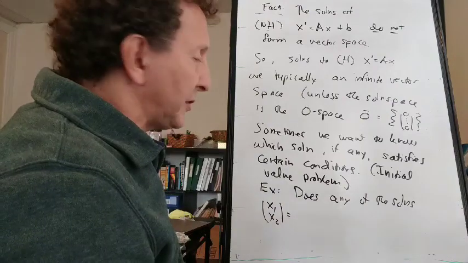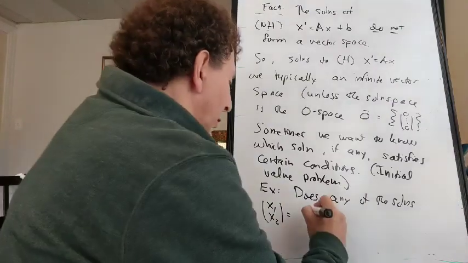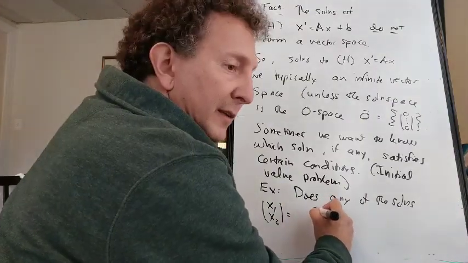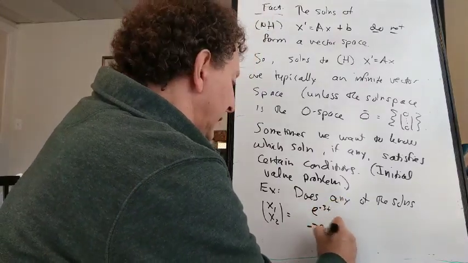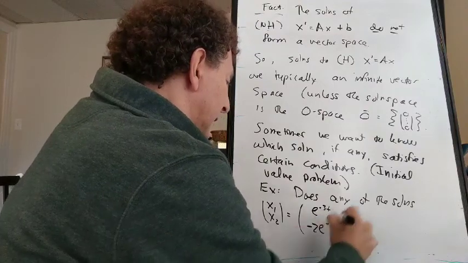We found two solutions to a differential equation before. One of them was e to the negative 3t, negative 2e to the negative 3t.